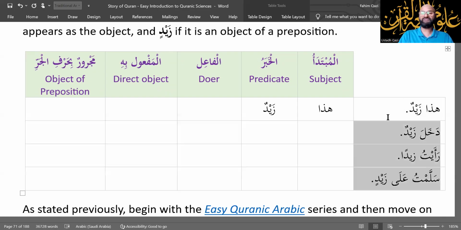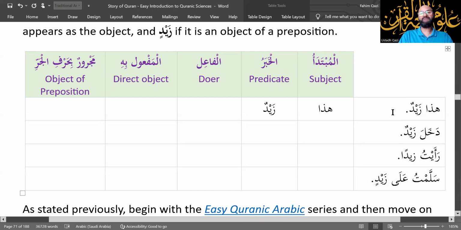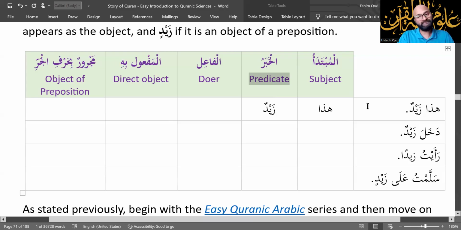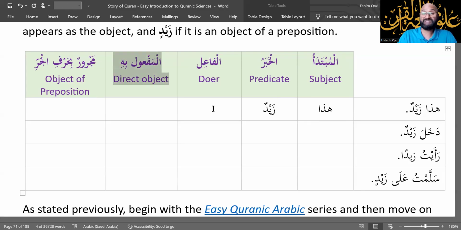The rest of the examples are jumla fi'liya, verbal sentences. So in this nominal sentence, we only have two things. We have hadha, which is the first word, which is the subject in Arabic, al-mubtada. And you have zaydun, which is the khabar, or the predicate, the information, the news about that person. Hadha, this. What about this? Zaydun, khabar, information. So hadha zaydun is a two-word sentence that only has these two. It does not have a doer because there's no verb. It does not have an object because there's no verb.